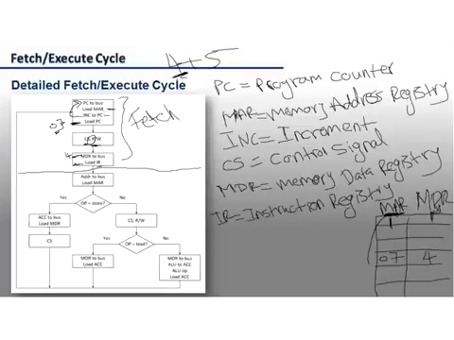We're getting the data, right? Now this one here is the decoder, and the rest obviously is the execute. I'm not going to write it. The rest is the execution.